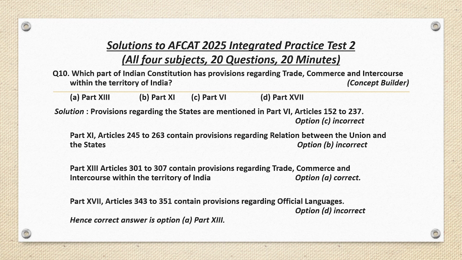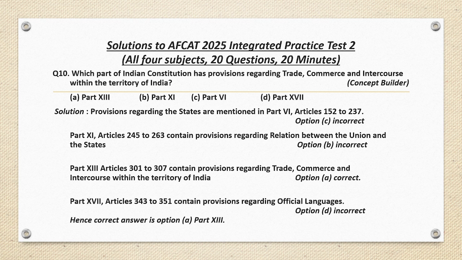So what is part 6? The provisions regarding states. Part 5 is union, part 6 is states, articles 152 to 237. Since it has provisions regarding states, it does not have provisions regarding trade and commerce. So option C is incorrect.